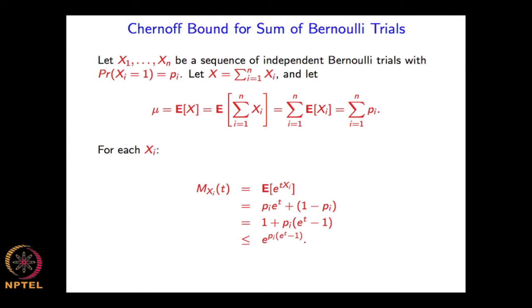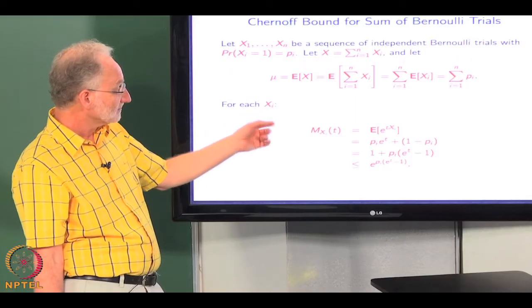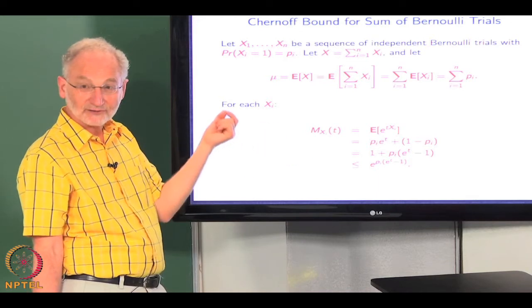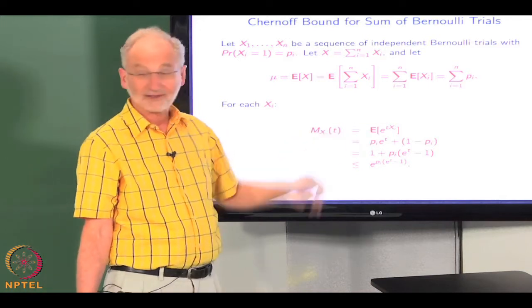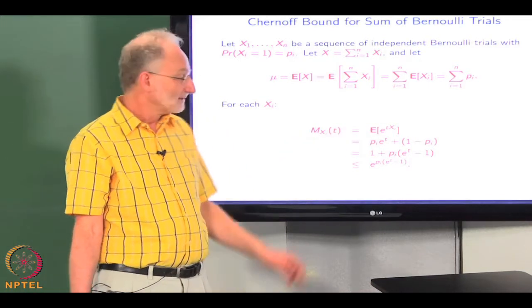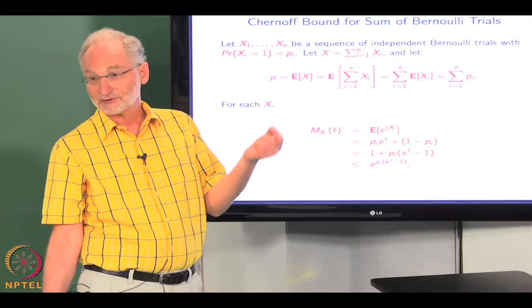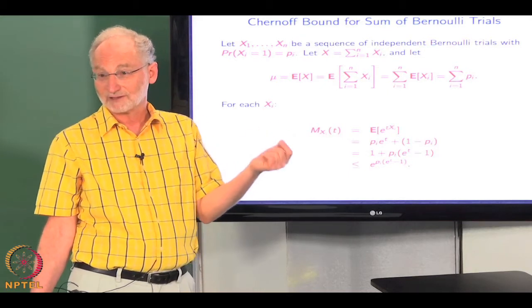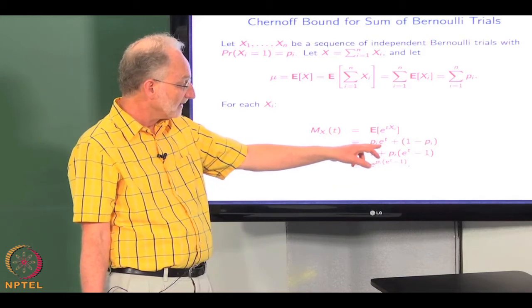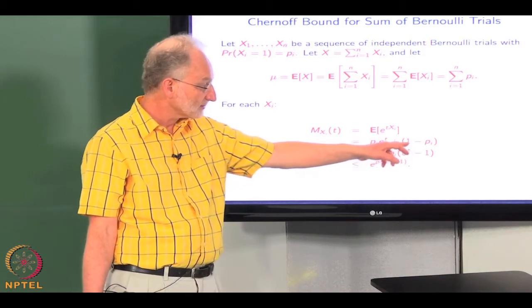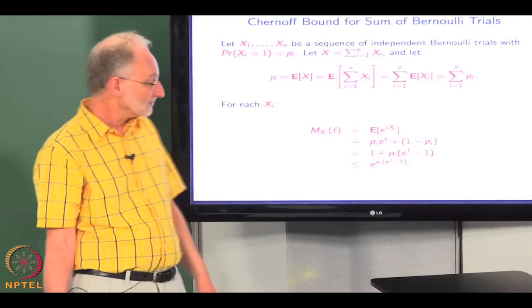In that case, we just have to compute the expectation of e^{tXi} for each Xi. Now it's getting very easy, because Xi only takes the values 0 or 1. If it's 1, the contribution is pi e^t, and if it's 0, it's 1 minus pi. So that's easy.